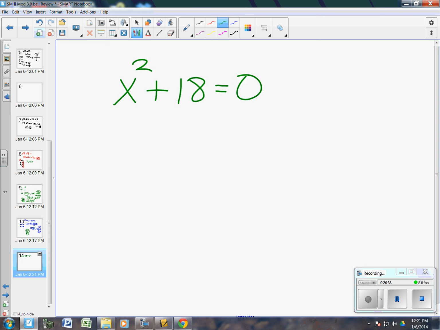Do I need to use the quadratic formula to solve this one? What can I do? Minus 18. I don't have to use the quadratic formula because the b term is missing. I can just subtract 18 from both sides. Now, what can I do to get x by itself?